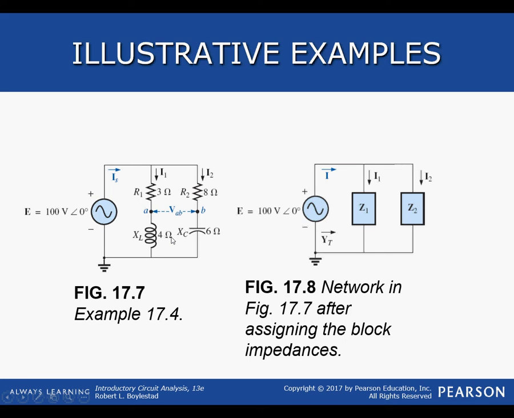Again, this is the value of the reactance, and the definition of an inductor is with an angle of positive 90, or j4, and then this would be minus j6, or in polar form 6 angle of negative 90. So Z2 would be R2 added together with the impedance of the capacitor.